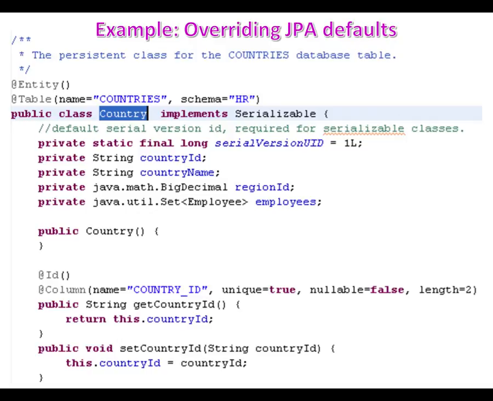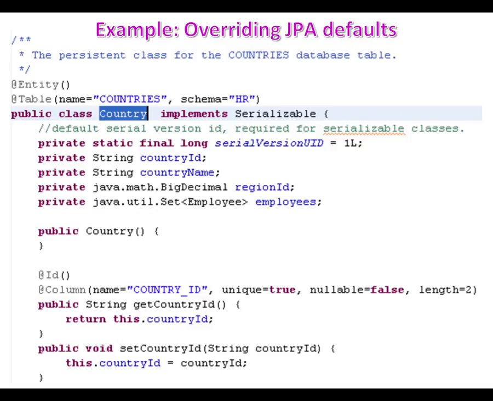Make sure it cannot be null. Okay? Make sure it's only 2. So this really makes sense if you're starting with this and telling the system JPA to create the tables. Because otherwise you would be doing it the other way around. When you created the database schema, you would have said that column was not null, length 2, blah, blah, blah. Okay? But you see how that goes both ways.